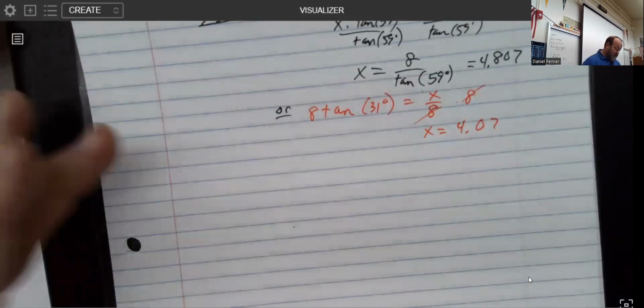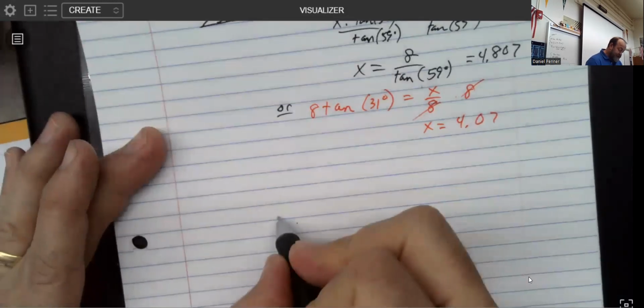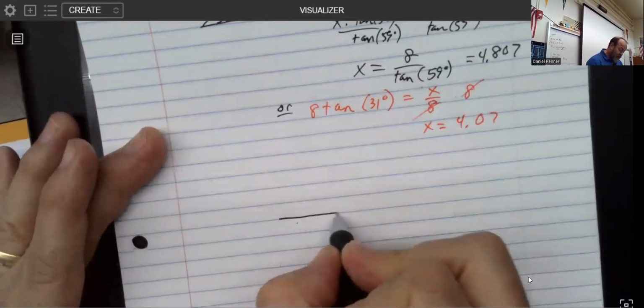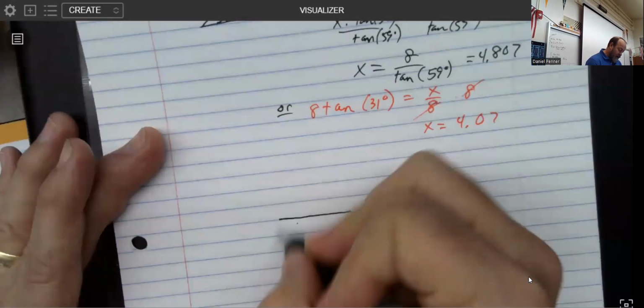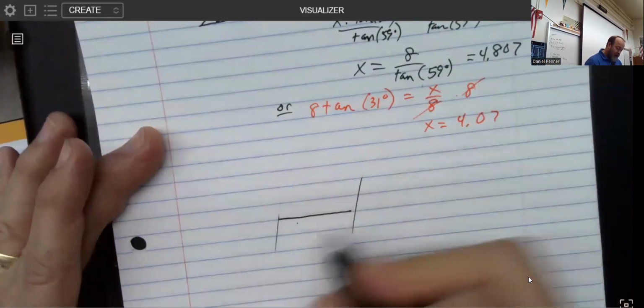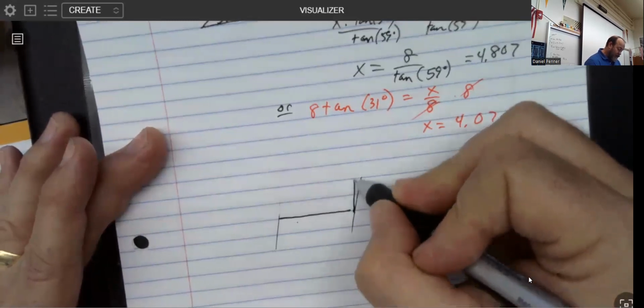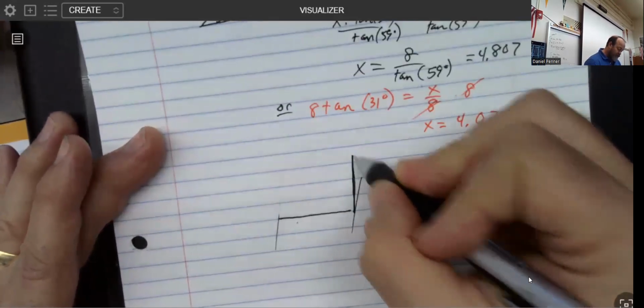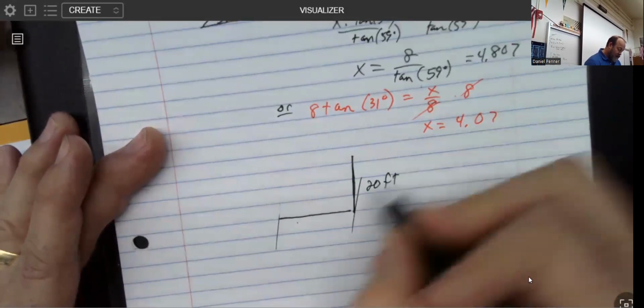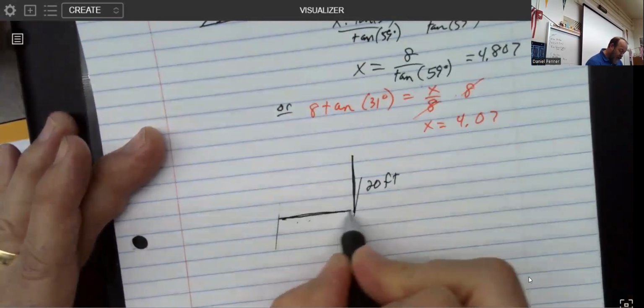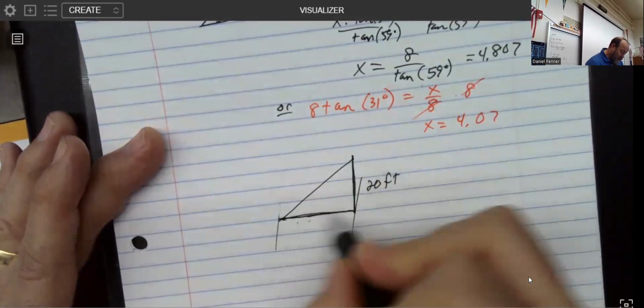Like we can have a situation where, let's say there is a canyon right here, and like a creek or something like that, cutting through here, and somebody puts a pole over here, and we know that, say, this pole is 20 feet tall. And I can come across here and I could measure this angle.